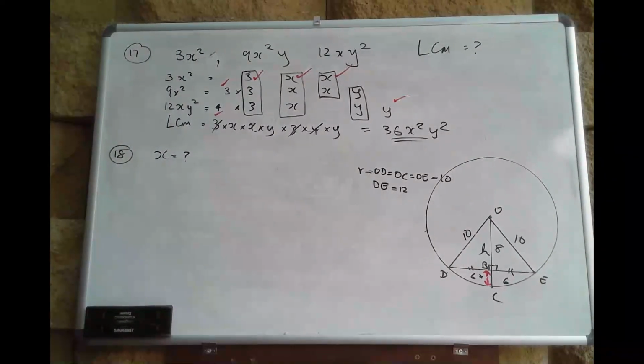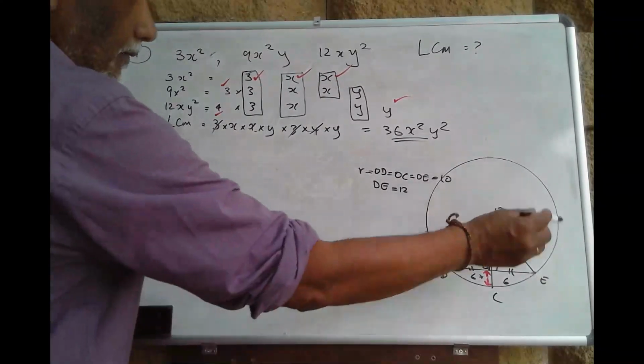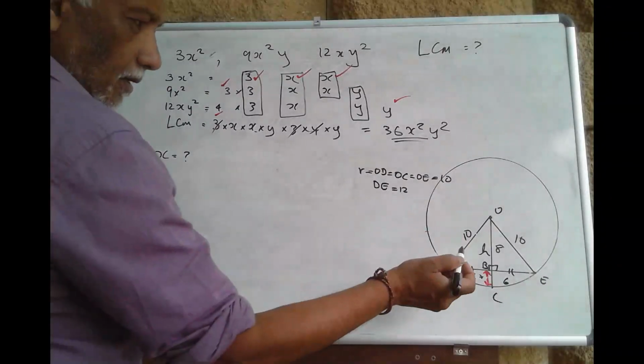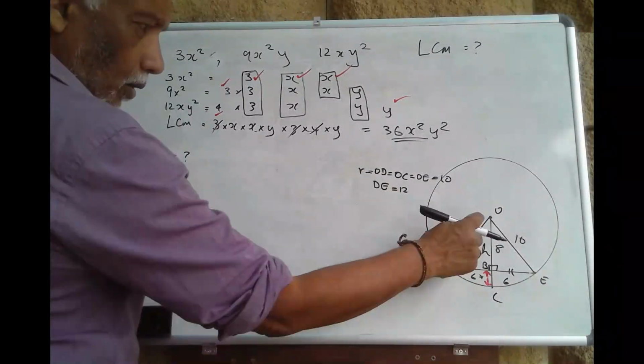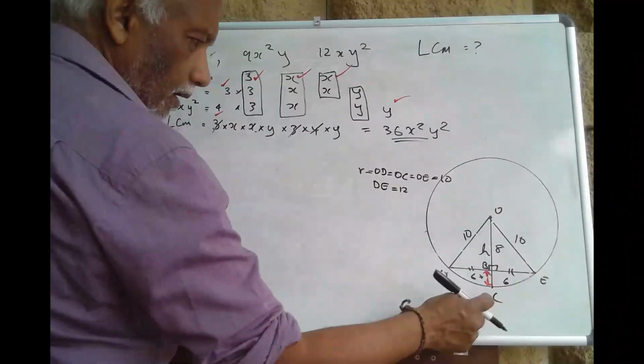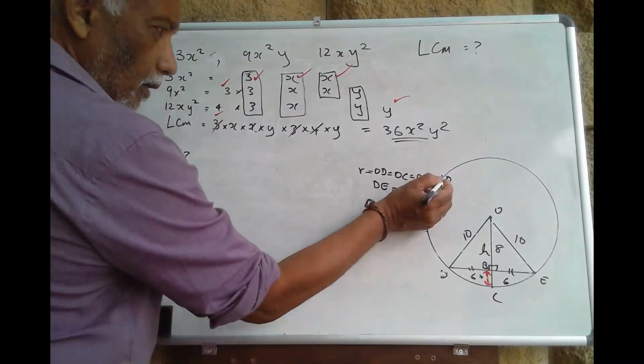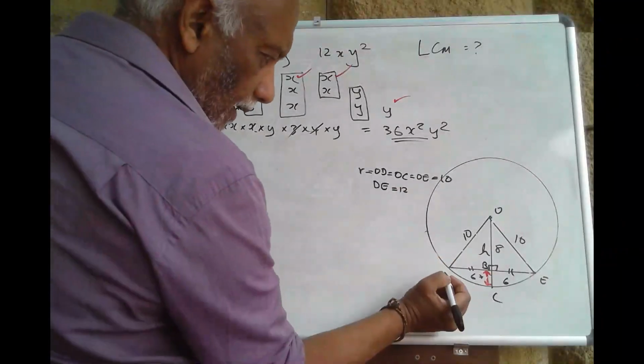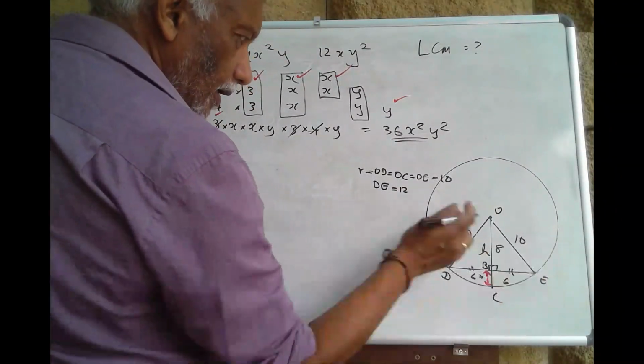Question number 18 asks us to find, this is a circle, the radius R. OD, OE, OC are all equal, they're all 10. And the given part DE, from here to here, is 12.